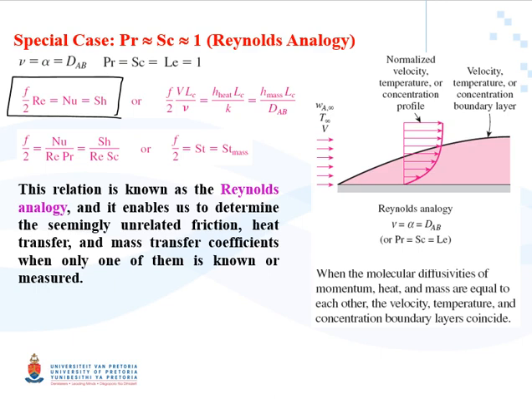So for example, when Prandtl is equal to 1, or the situation follows the Reynolds analogy, and I give you the friction factor, you can say that Prandtl is equal to Schmidt and is equal to 1, and from that you can find the rest of the information that you need.